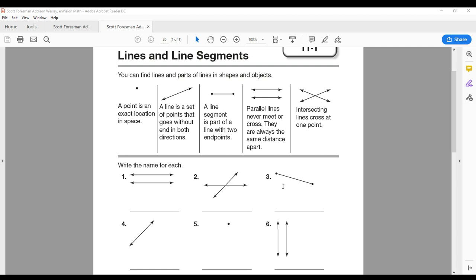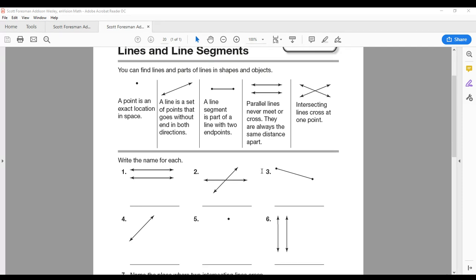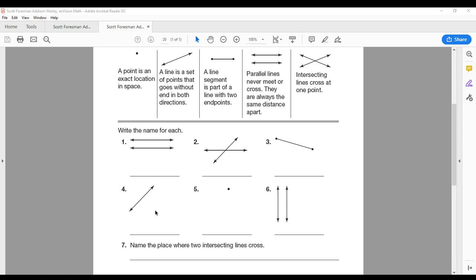Number 3 is a line segment. I know this is a line segment because there are two endpoints. This is not a line. It doesn't go on forever. It's a line segment. Number 4 is a line because there's two arrows, one on each end, which indicates that this goes on forever.